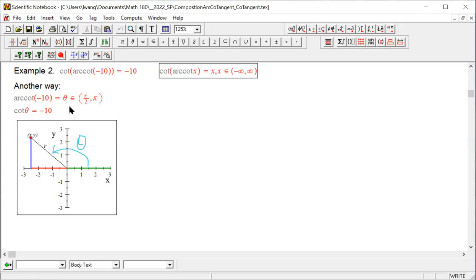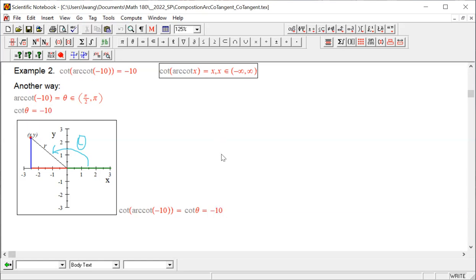The rest is straightforward. With all these assumptions, we have cotangent of arc cotangent of negative 10. I already assumed arc cotangent of negative 10 is theta, and cotangent theta, I found, is going to be negative 10.